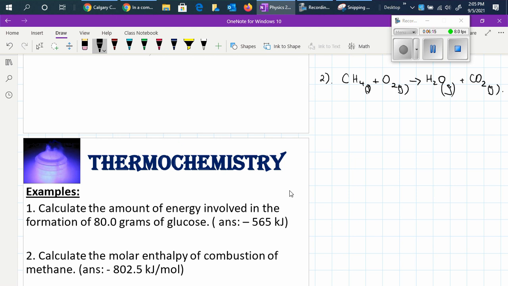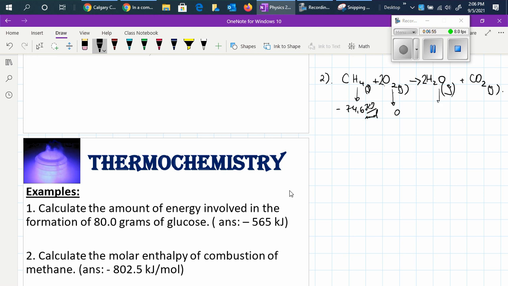So what we will have here is one carbon, 4 hydrogen, 2 water to make it 4, so 4 oxygen to make it 4. Therefore, we go to the data booklet, and we see methane has a standard molar enthalpy of negative 74.6 kilojoules per mole. Oxygen being an element is 0.